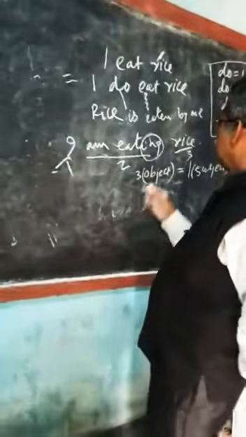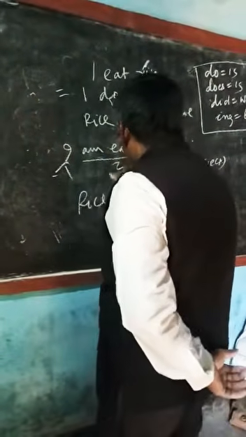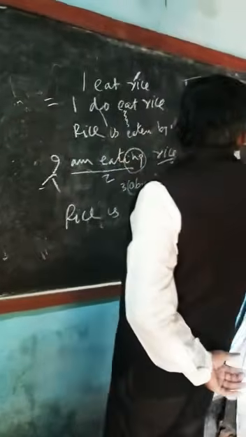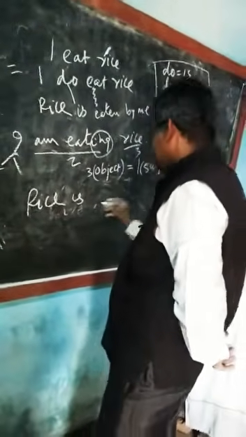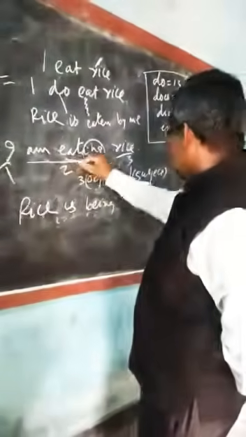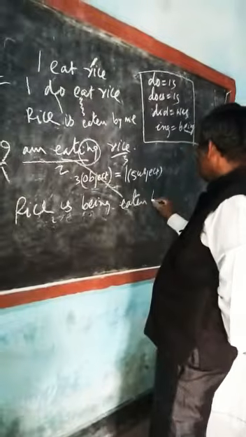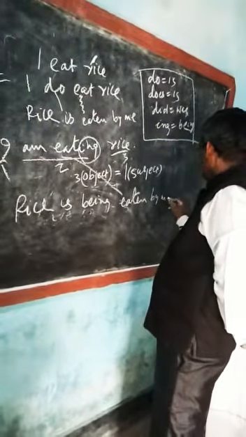So rice comes to the front position, rice becomes is. For ing that I have mentioned here, ing that is being. It becomes third verb written by me.